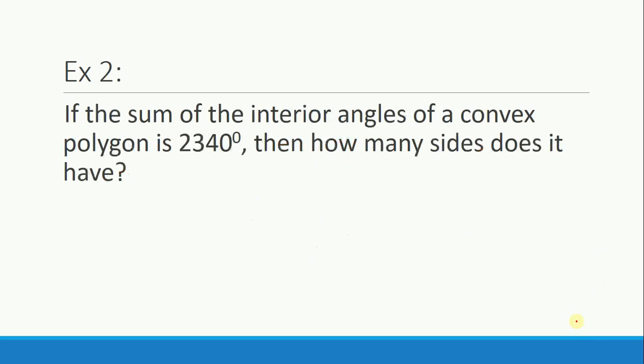Let's try another one. If the sum of the interior angles of a convex polygon is 2,340 degrees, then how many sides does it have? Well, this is using that formula, right? But we don't know the number of sides, so we're going to keep our n there. n minus 2 times 180 equals the answer they gave me, 2,340.